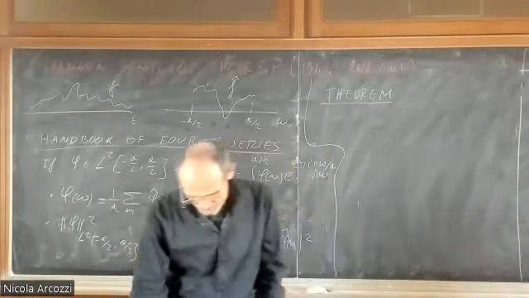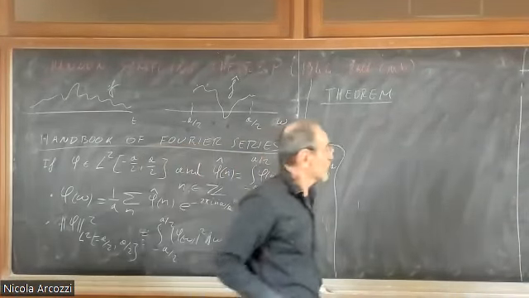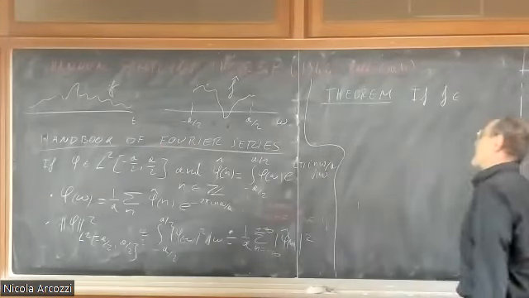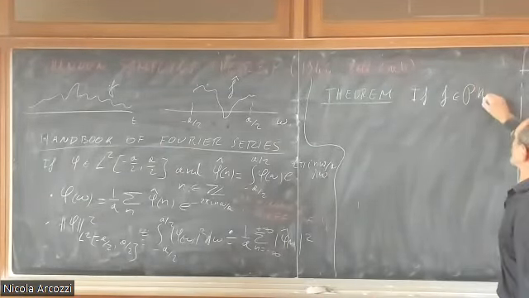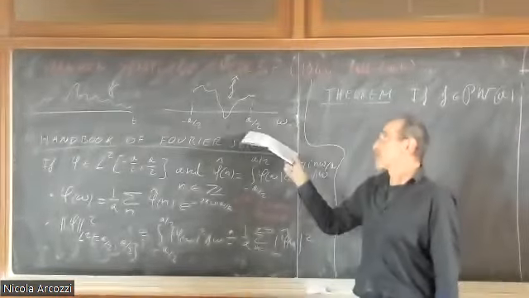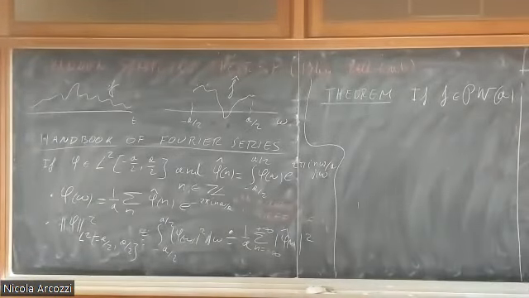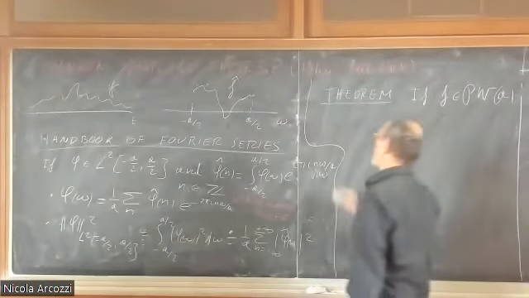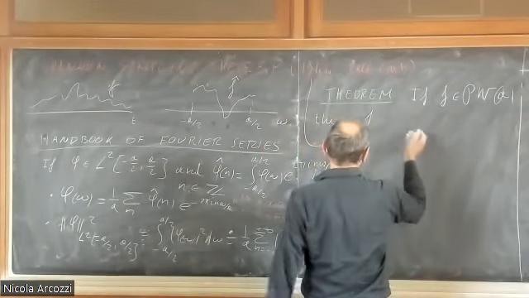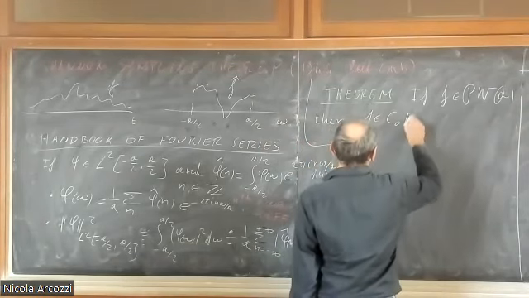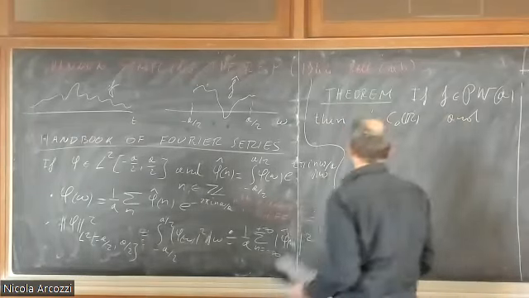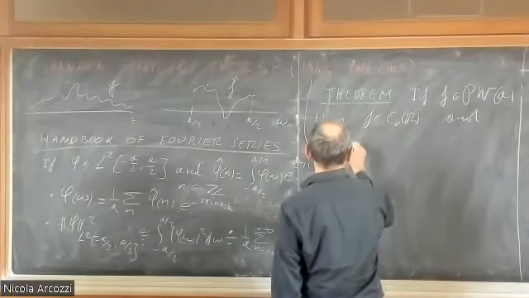We said that if f belongs to the Paley-Wiener space, which means that f hat is supported between minus a over 2 and a over 2, then f is continuous, in fact, and can be reconstructed by its samples.